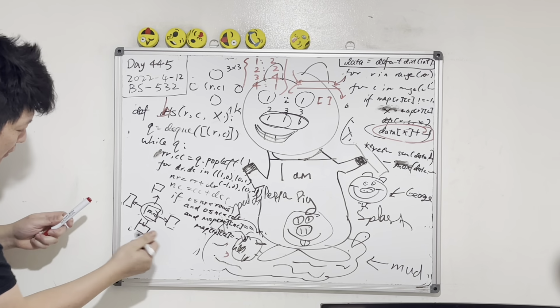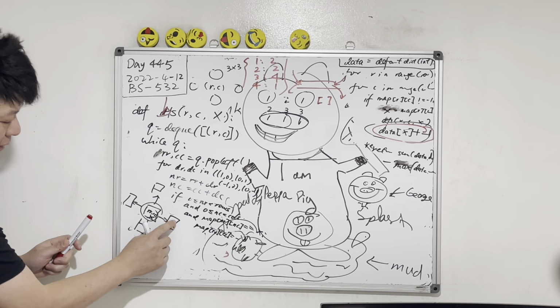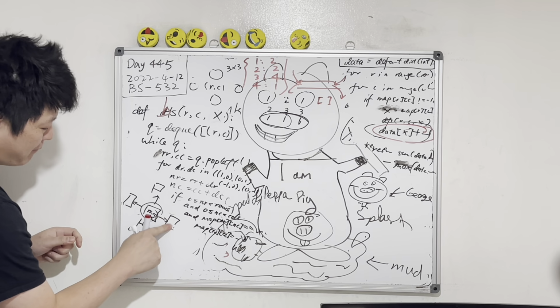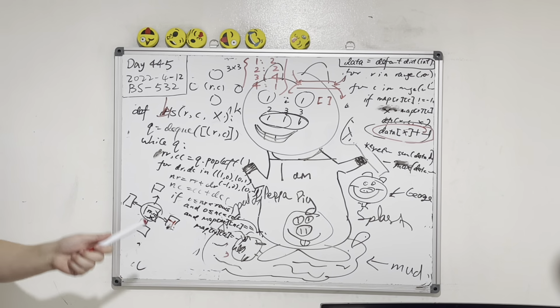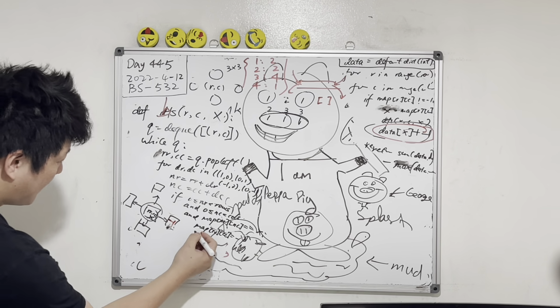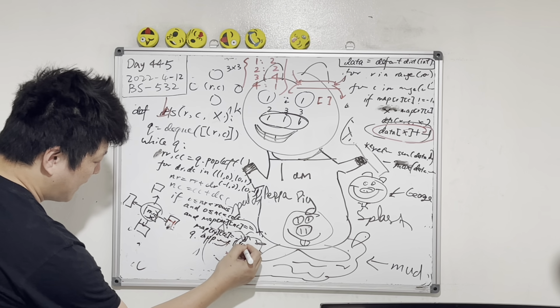So we mark it. Suppose this is color X, and this is also color X. I push this into the queue, and make this -1 just to avoid it being pushed back to the queue. And then the most important thing: q.append.